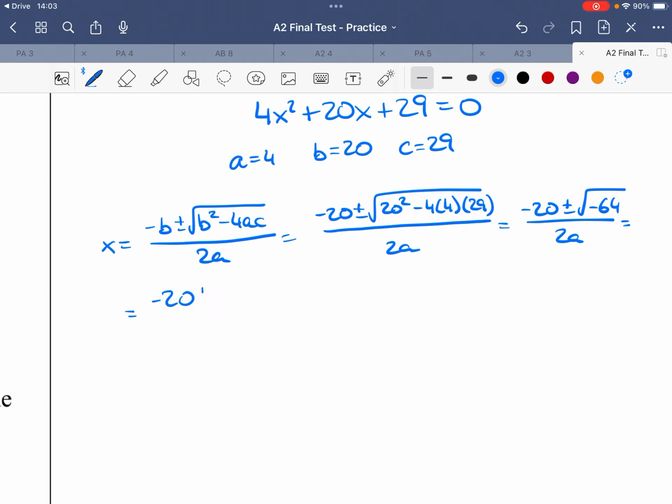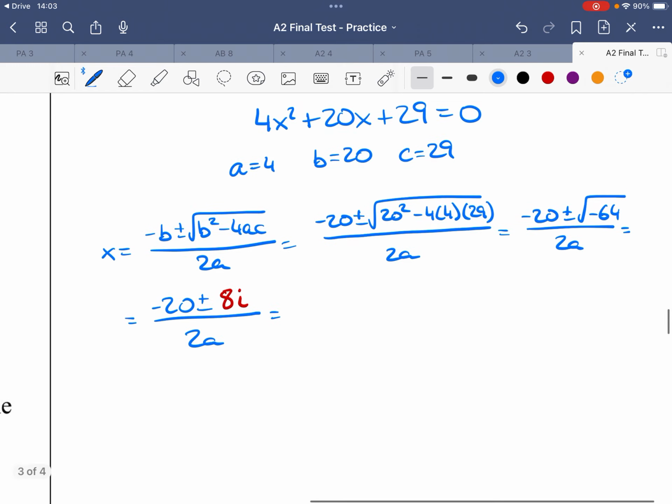So in this case, all of this remains the same, but I'm going to simplify that. So I know that the square root of 64 is 8, and I know that the square root of a negative number is just going to add an i. So that's how you simplify that. And then lastly, we're going to see if we can simplify the fraction. Sorry, when I said 2a, whoops, my bad.